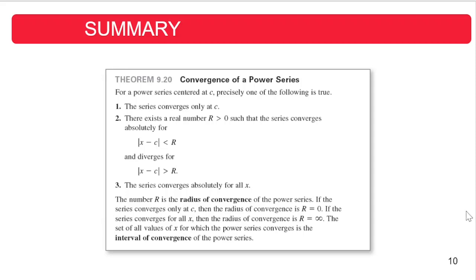We let R be the radius of convergence, and if the series converges only at C, then the radius is 0. But if the series converges for all x, then the radius of convergence is infinity. The set of values of x for which the power series converges is the interval of convergence of the power series.